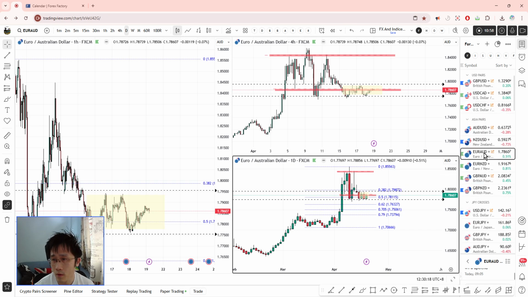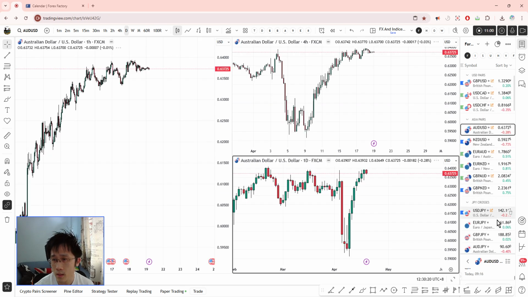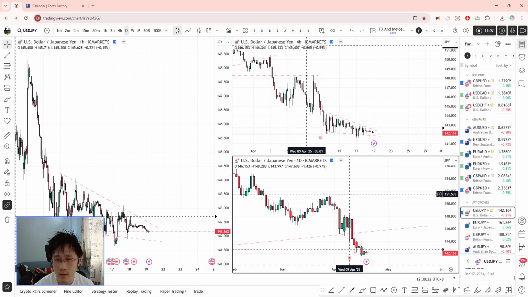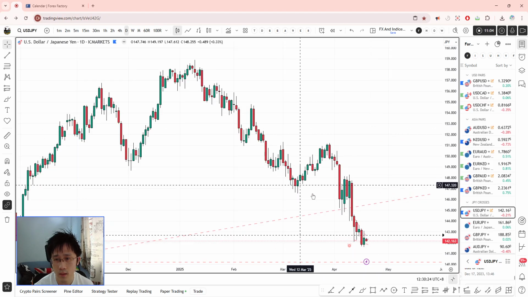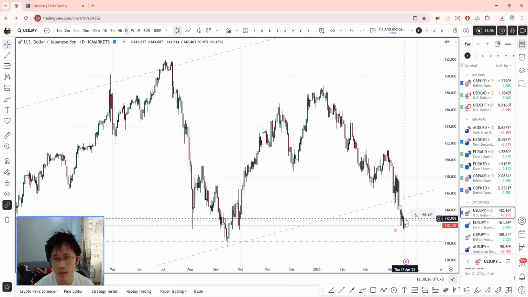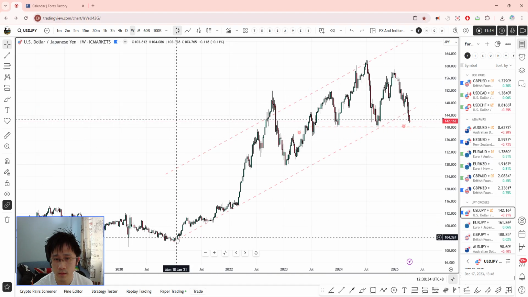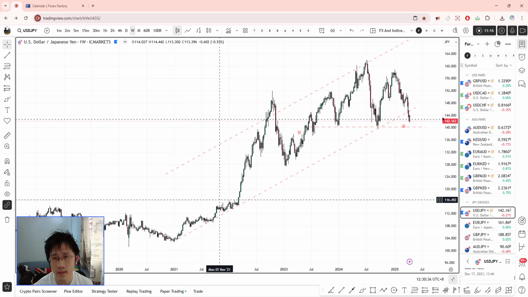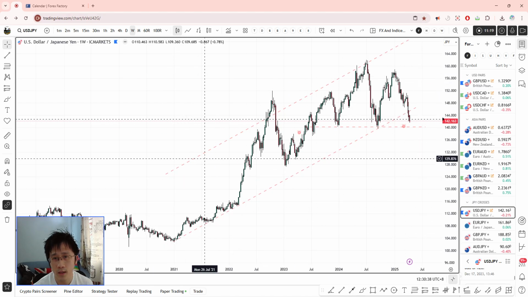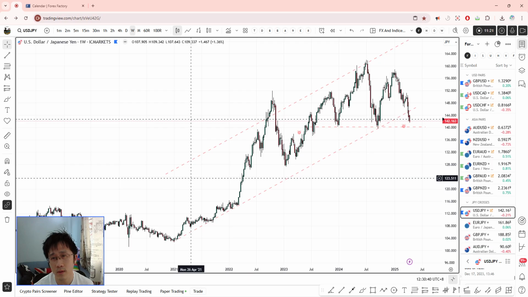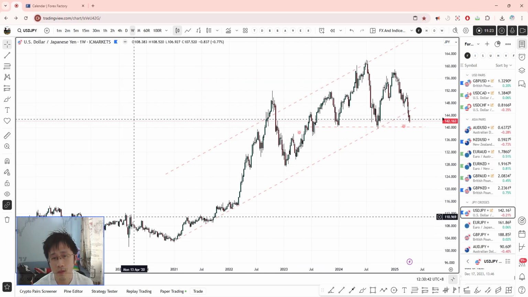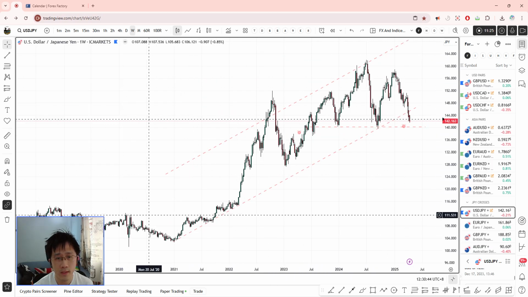Then for dollar yen, you can see that there isn't any clear sign that it is actually holding up. Especially if you can see over here right now, this weekly is still, I would say, an uptrend on this longer time frame.